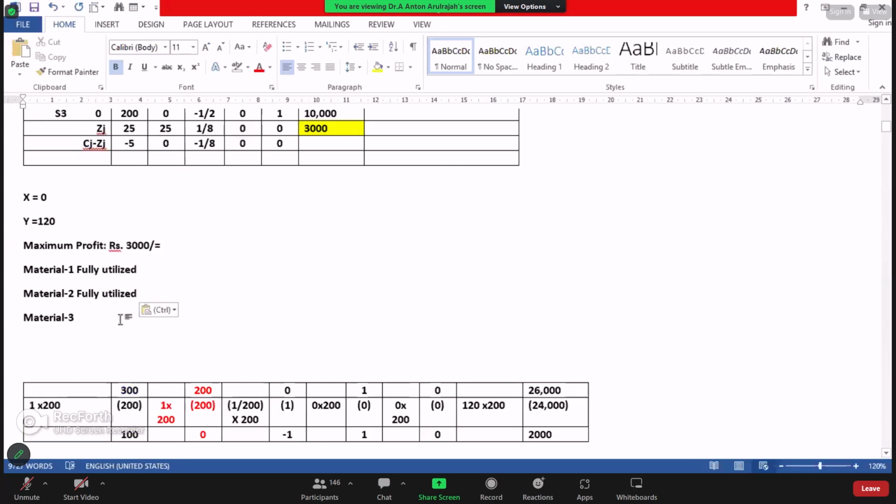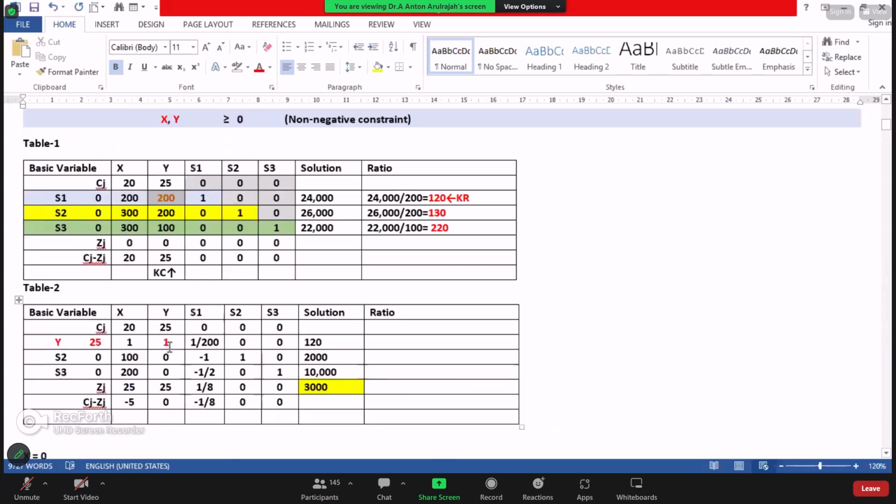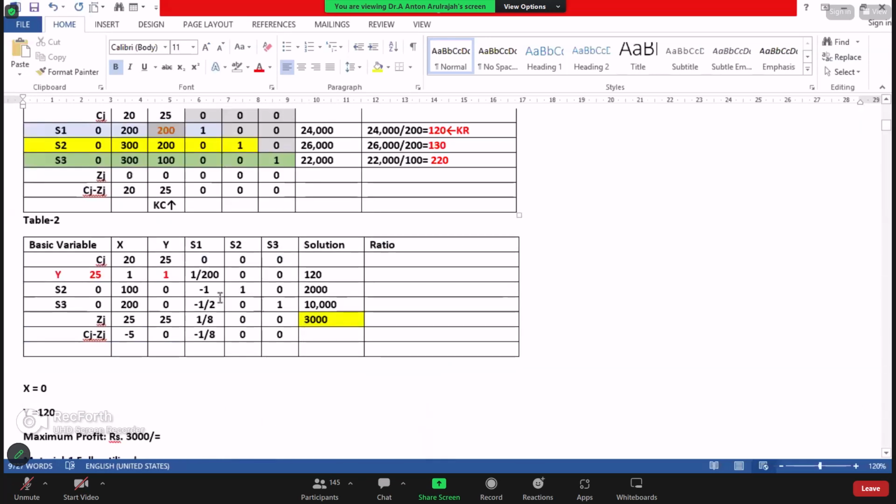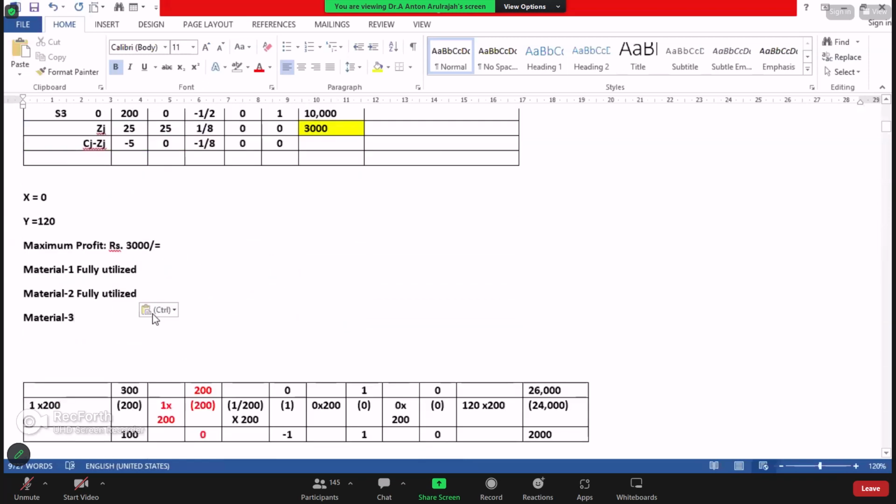What about material 3? Anyone? What is the balance in material utilization? Material 3 utilization is 12,000 units.